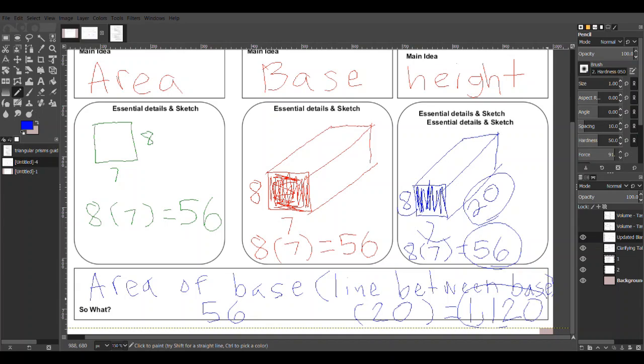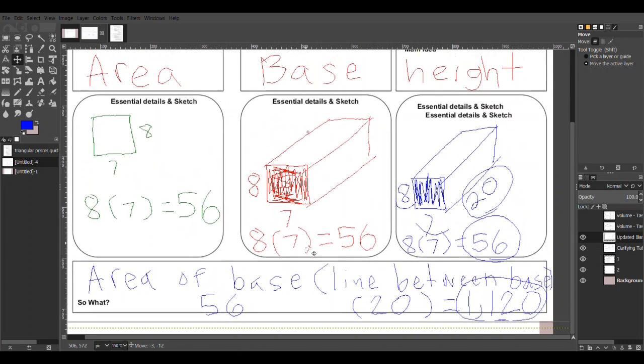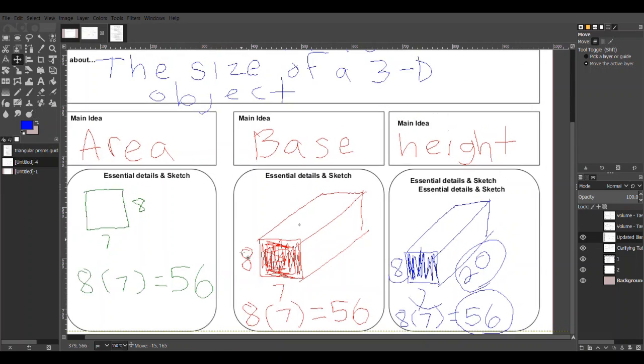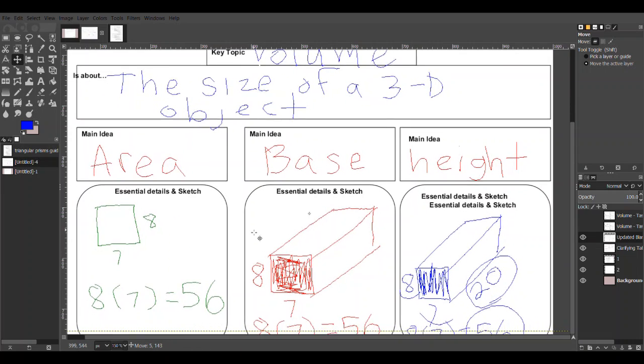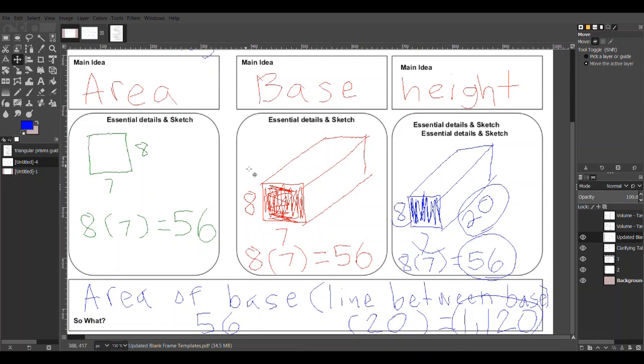And let's circle that. And that is our whole frame right there, area, base, and height.